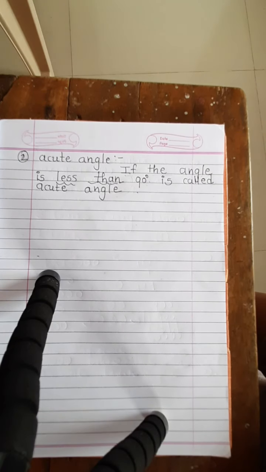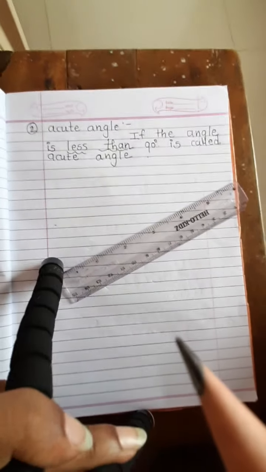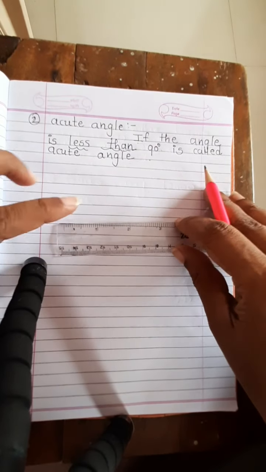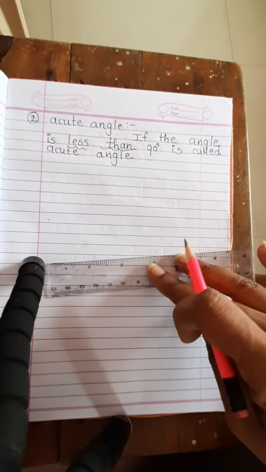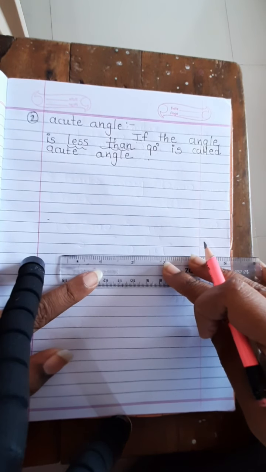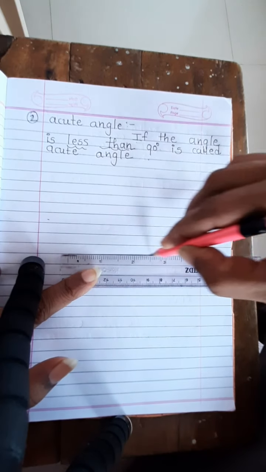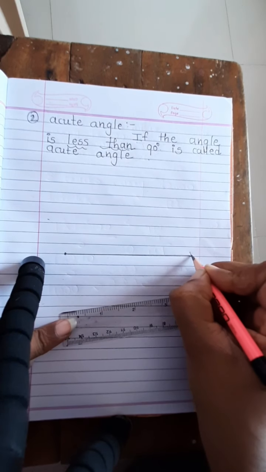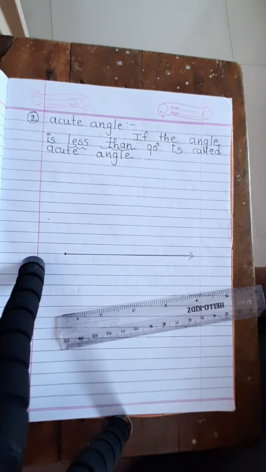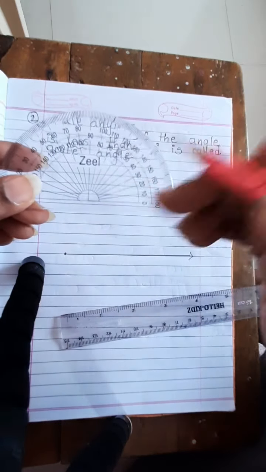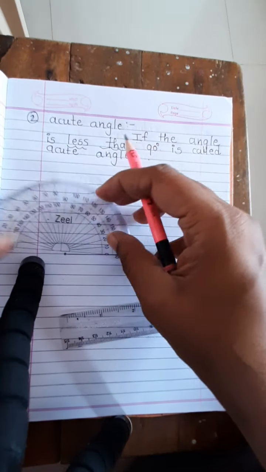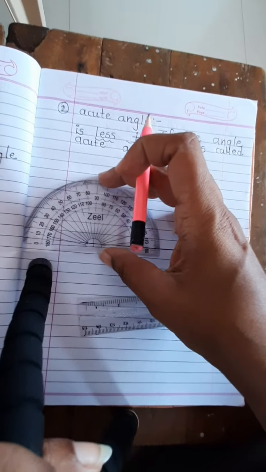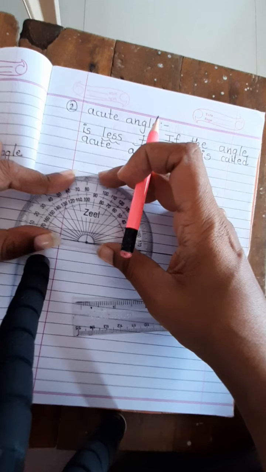So now I will draw an acute angle here. So first make a line here. Put the dot here, arrow here, and next take a protractor, put this point on here, okay.